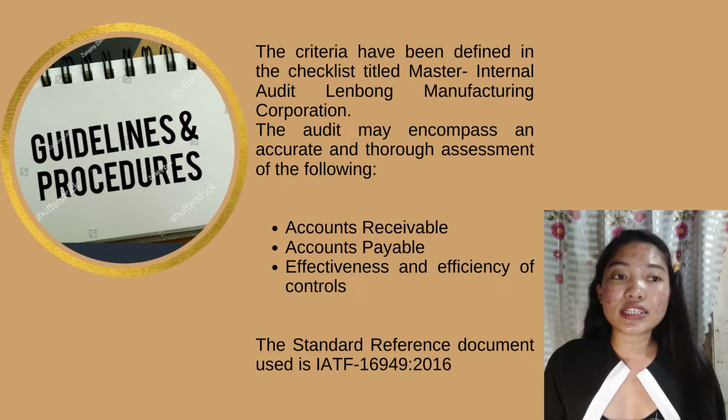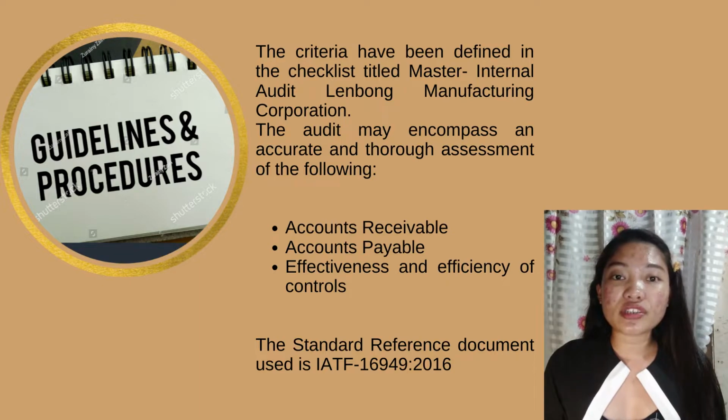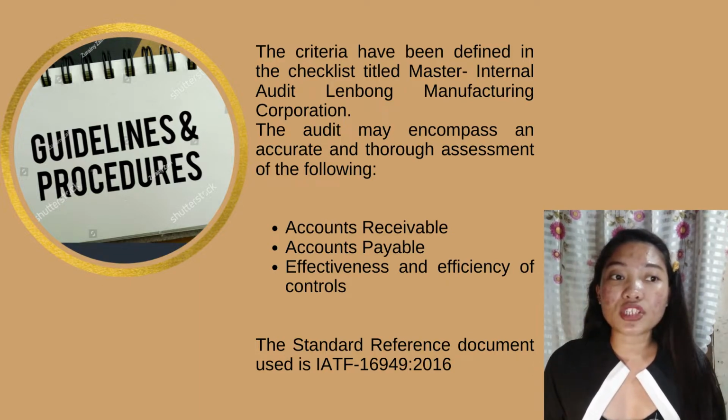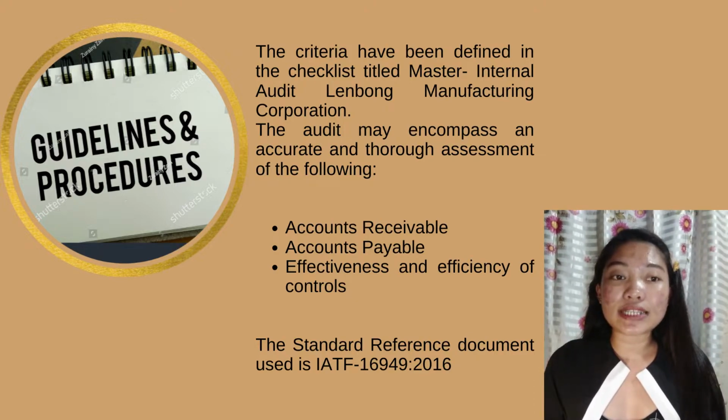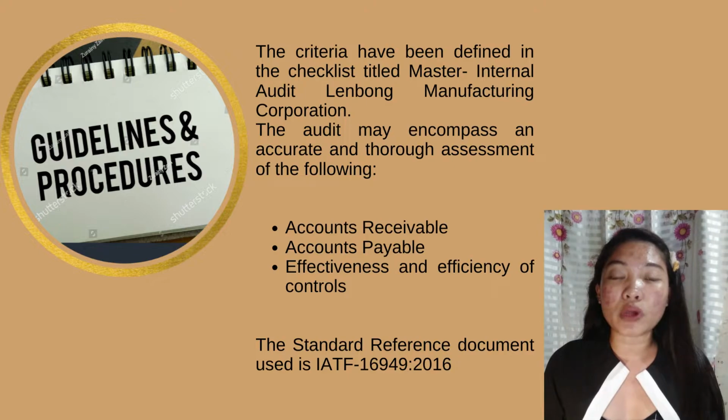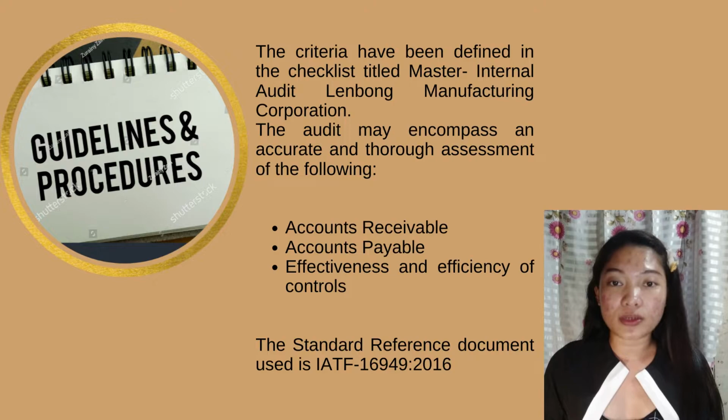This checklist is based on the information provided by the international standard. You will see questions on the checklist that refer to the standard, and for each clause provisions are made for additional questions. The checklist contains questions to be answered by employees, and it contains questions that would show how effective and efficient the internal controls of LenBong Manufacturing Corporation are.